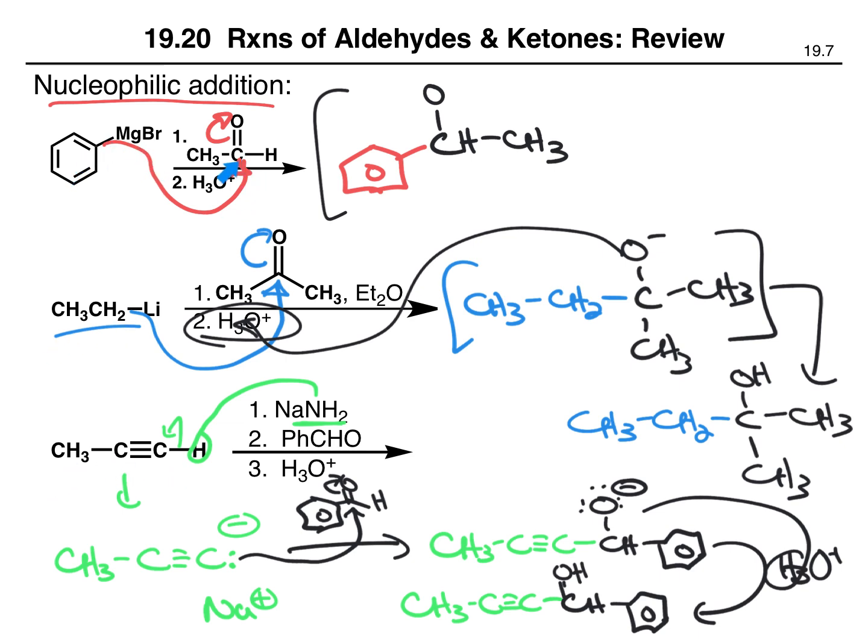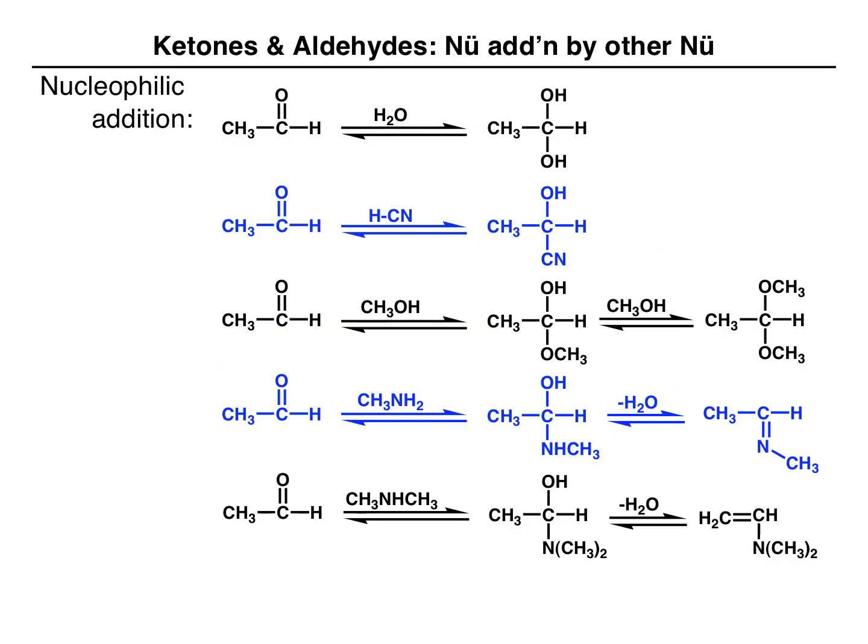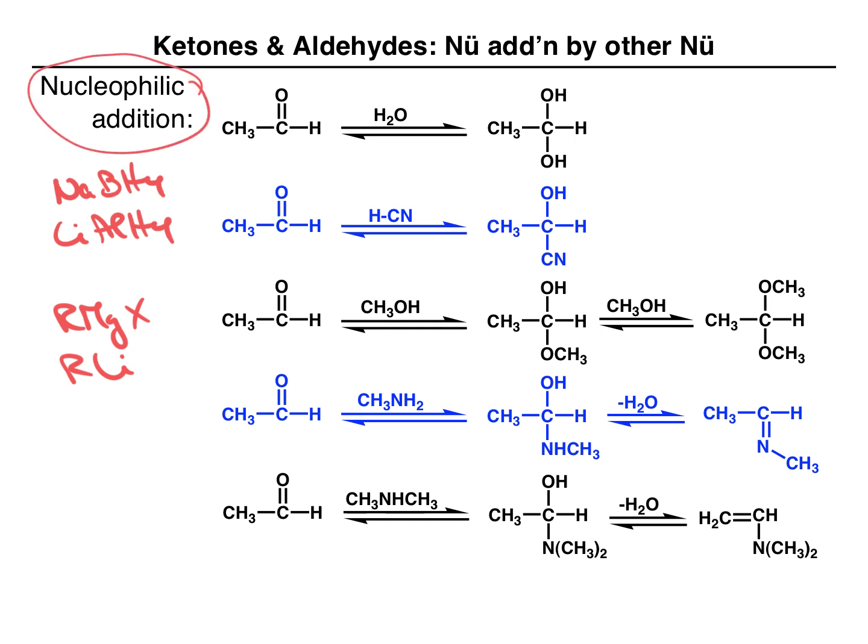So we've already seen examples of nucleophilic addition where we have very strong nucleophiles that can share electrons with the carbonyl carbon of both aldehydes and ketones. In addition to hydrides such as sodium borohydride or lithium aluminum hydride, and organometallic species such as Grignards and organolithiums and alkyne anions, there are many other types of nucleophiles that can carry out nucleophilic addition with aldehydes and ketones.